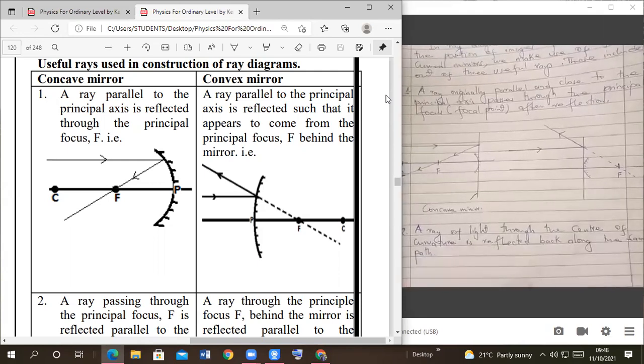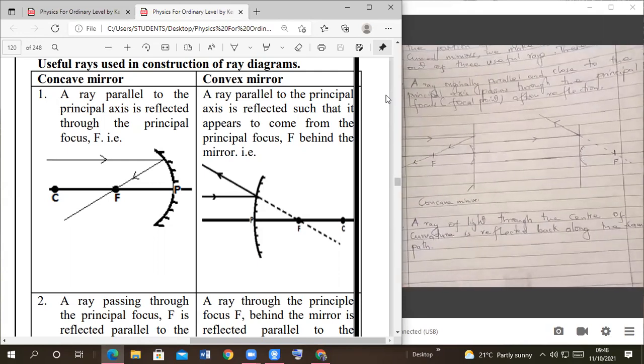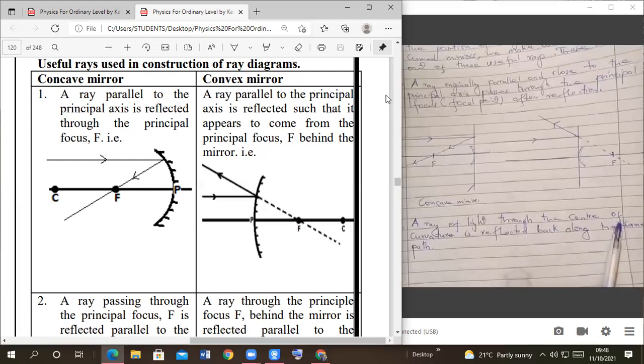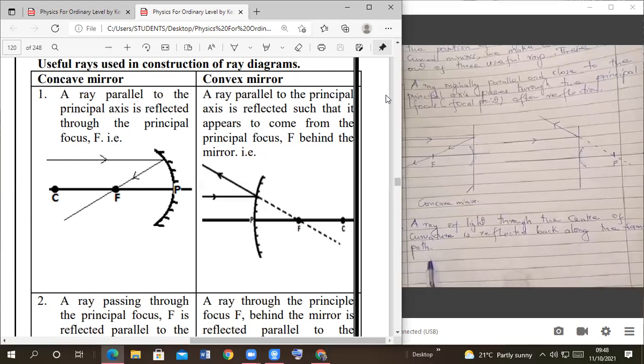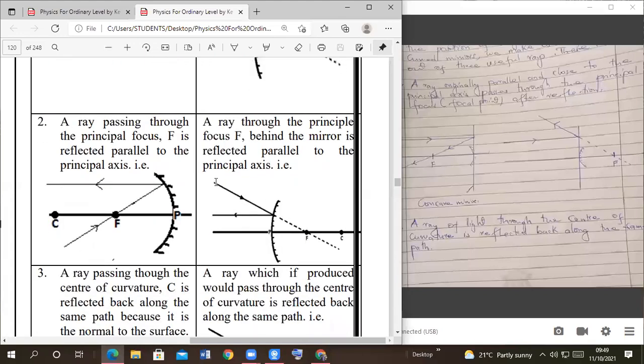It's reflected back along the same what? The same path. Members? Yes, teacher. What is the second one saying? A ray of light through the center of what? Curvature is reflected back along the same what? Path. The same path.